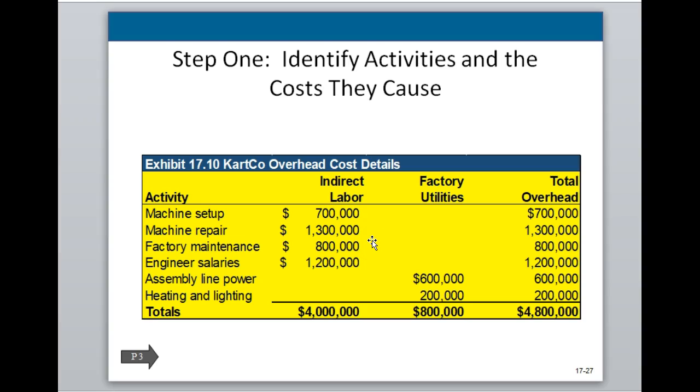Factory maintenance is 800,000, and engineer salaries is 1.2. So this is our indirect labor, and this becomes our factory utilities, assembly line power and heating and lighting. You can see all of these costs add up to 4.8 million, which is what we had in a previous one.